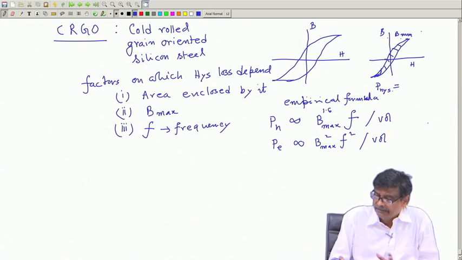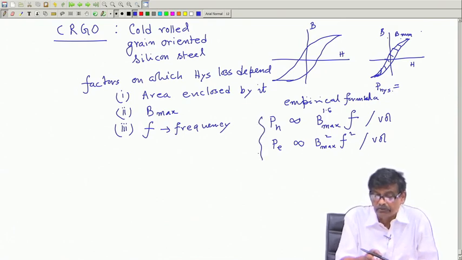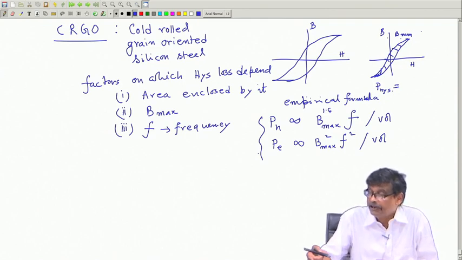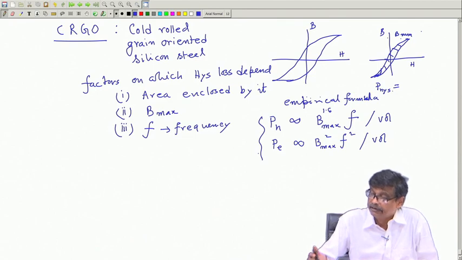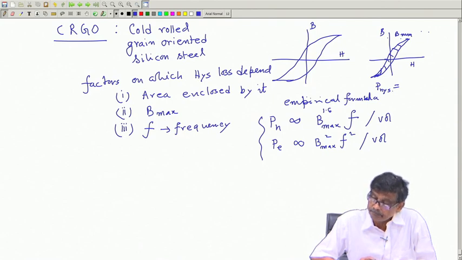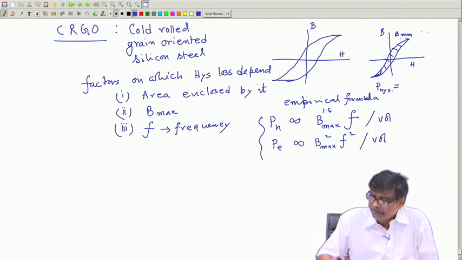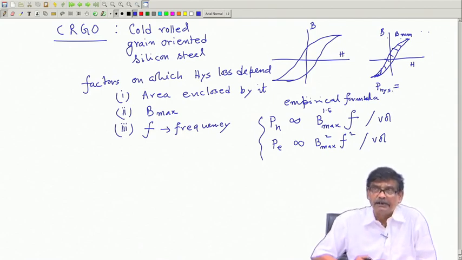So, this is the result, at least this we should remember, and also if you have the BH curve of the material available to you, then you can much more accurately say about the amount of hysteresis loss that is going to take place within the core of the transformer. We will refer to this particular aspect by solving several problems. We will give you in the tutorial.